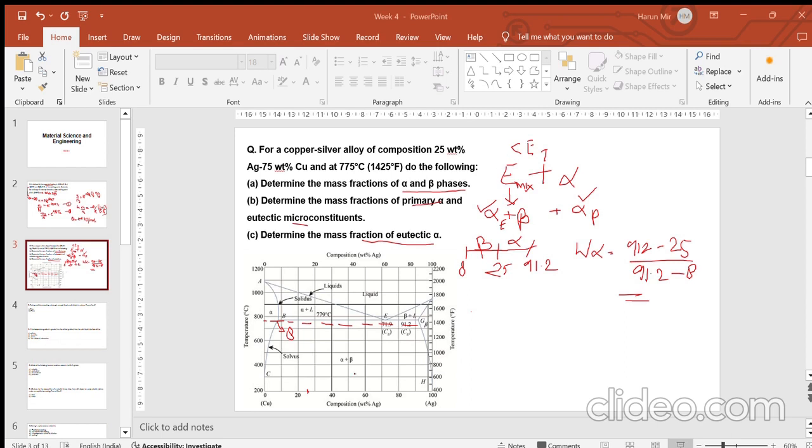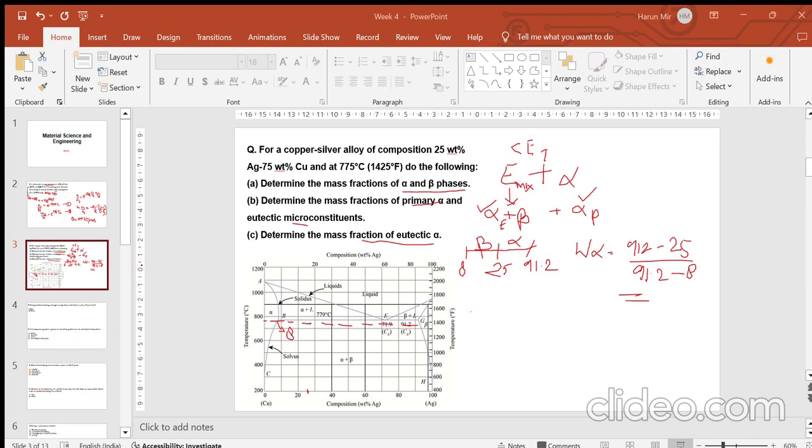We have to do part B of the question. So now we'll do part B. Part B says that you have to determine the mass fraction of primary alpha and eutectic microconstituents.